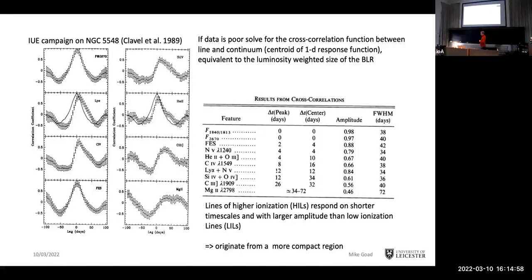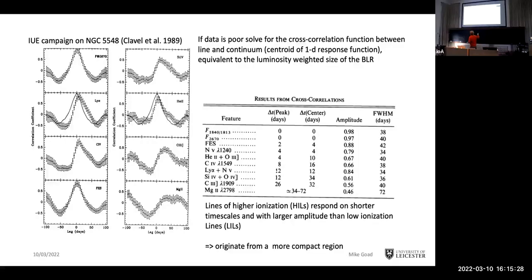So in the 1989 campaign, that was IUE, a UV satellite. My supervisor, Prabhakar Gondhalekar, was involved in the early IUE campaigns, as was my head of school at the time, Bob Wilson. The process then is you just measure the delay between the continuum and the lines, and these are listed on the right here. What you find is that the lines don't all form at the same radius.